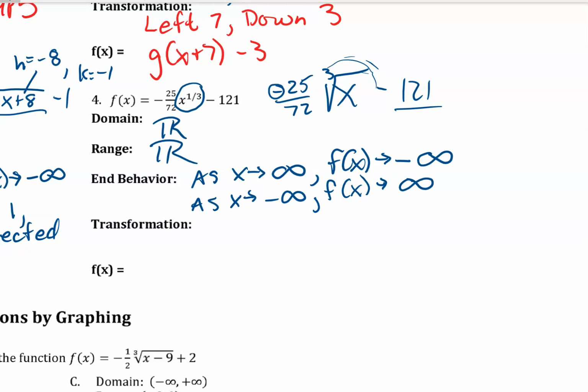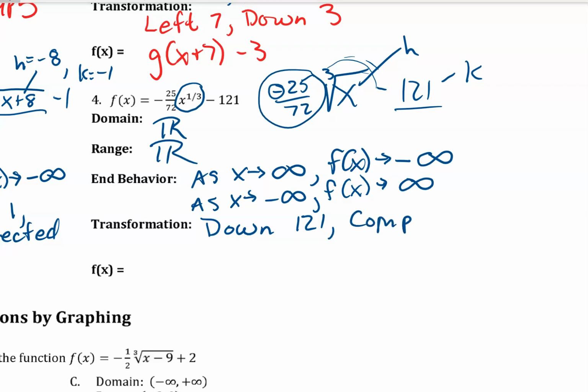My transformation, I have no h, so it's not being shifted left or right. I do have a k, it's being shifted down 121 units. And I have this multiplier. The absolute value of that is less than 1, so it's being compressed by a factor of 25 over 72, and it is being reflected.